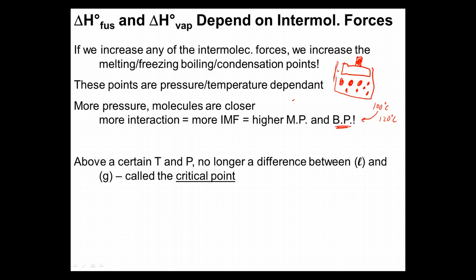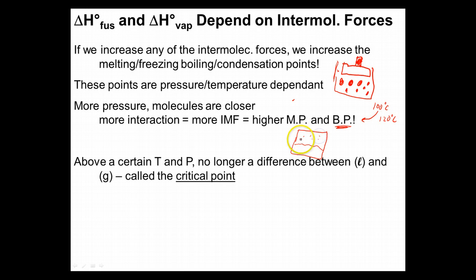Now, there's going to be a spot, though, where we can't really tell the difference between a liquid and gas anymore. I want you to just take a second and try to visualize what we're saying there. Normally, we've got a container. We'll assume that there's a lid on it. We're going to have a meniscus, or a surface at least, of our liquid.